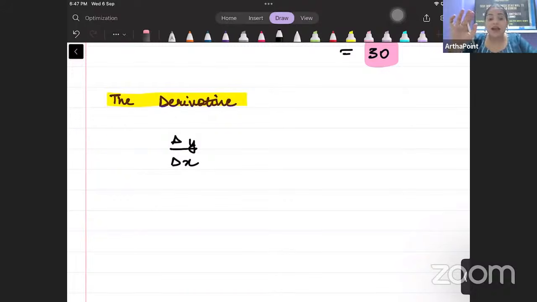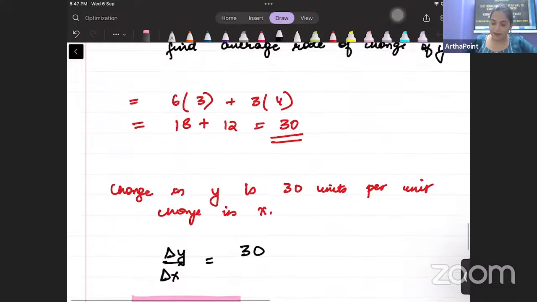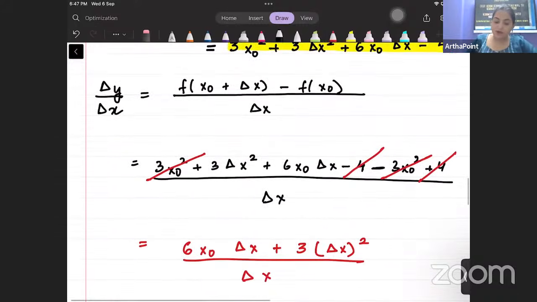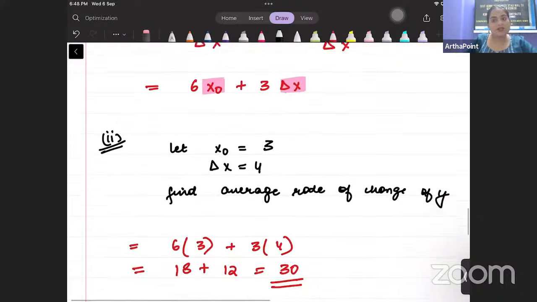So when I say that I am making the change very small, what does that mean? It means that I am putting limit change in x tends to 0. पहले हम example में समझेंगे, then we will write the definition. अच्छा यहाँ देखो, come back here to this question. So beta, when I found out change in y by change in x, what is the term I got?